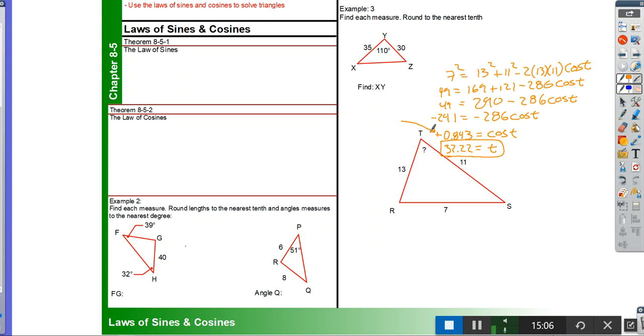So the actual answer should be 32.578, which would get rounded to 33. And my chopping off decimal places early led to an incorrect answer. That's the way it goes. Okay.